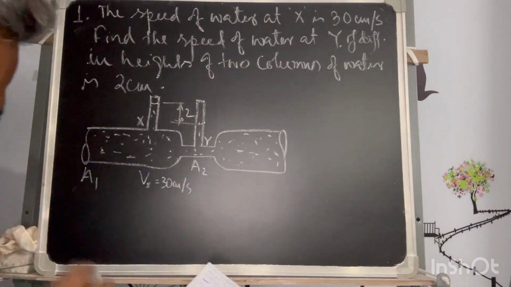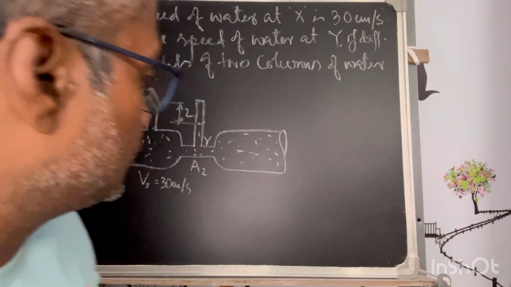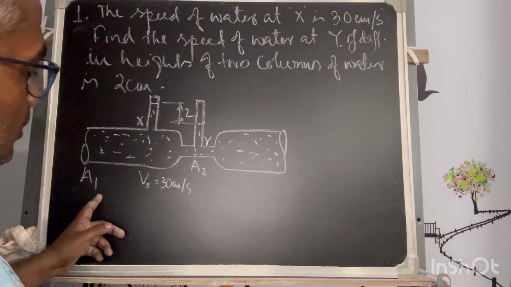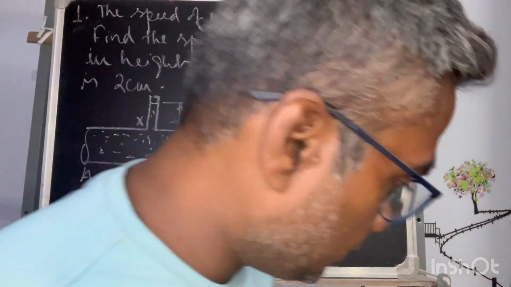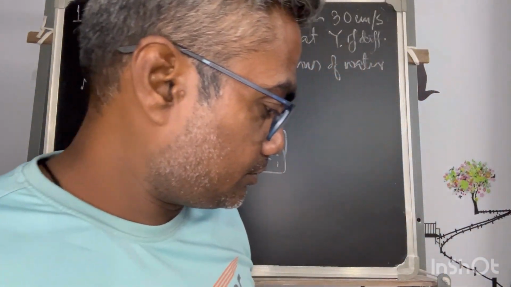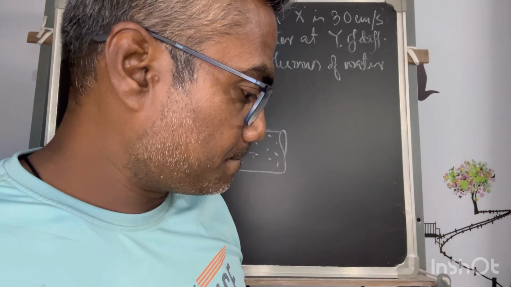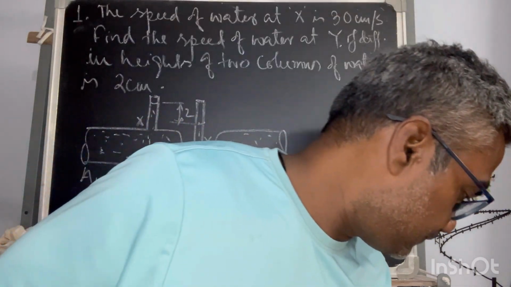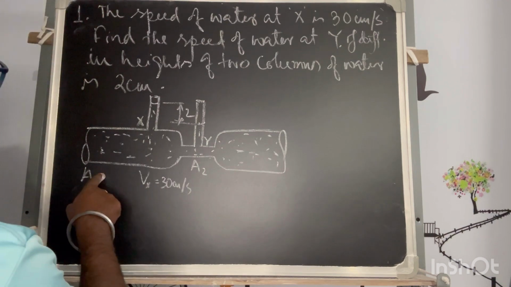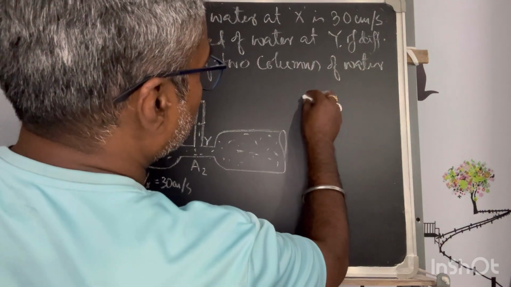Okay, so now we have to go from the basic thing. V1 is given, A1 and A2 are not given. So what will we do?